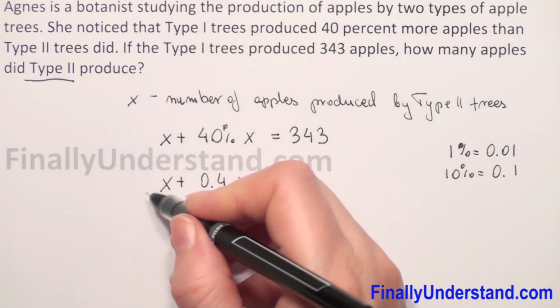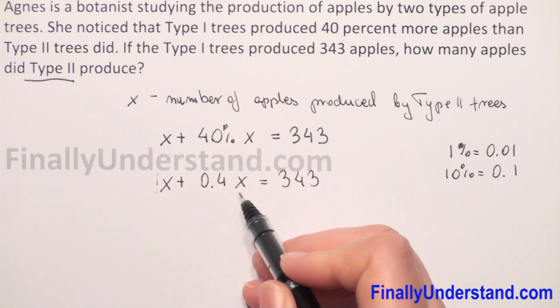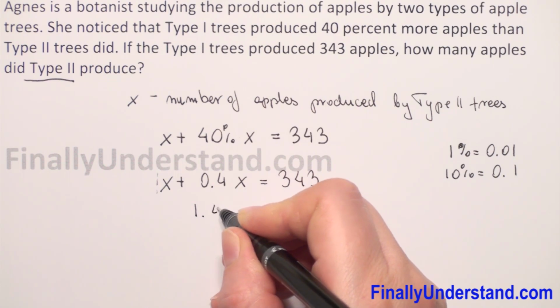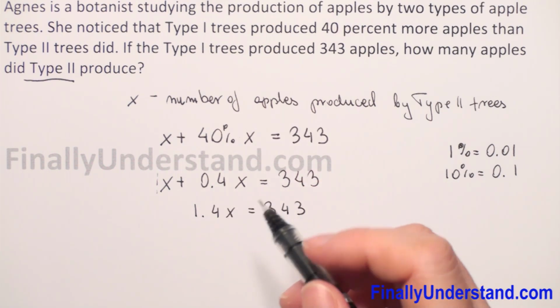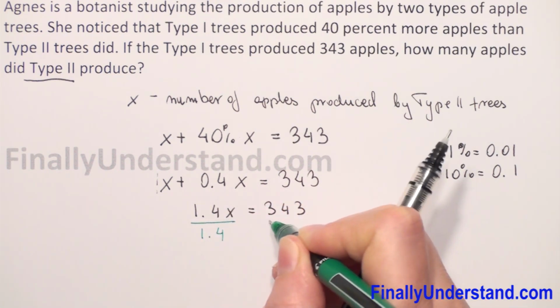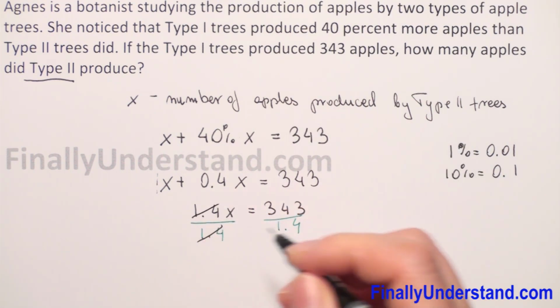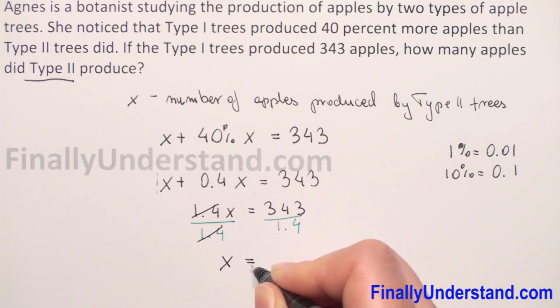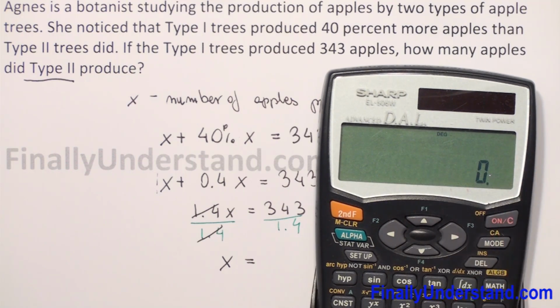What next? We have an invisible 1 here. So 1x plus 0.4x is 1.4x, which is equal to 343. Now we will divide both sides by 1.4. 1.4 we can reduce on the left side, so we have that X is equal to 343 divided by 1.4.